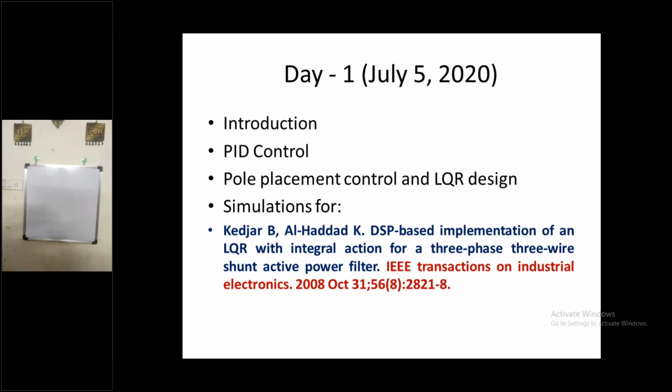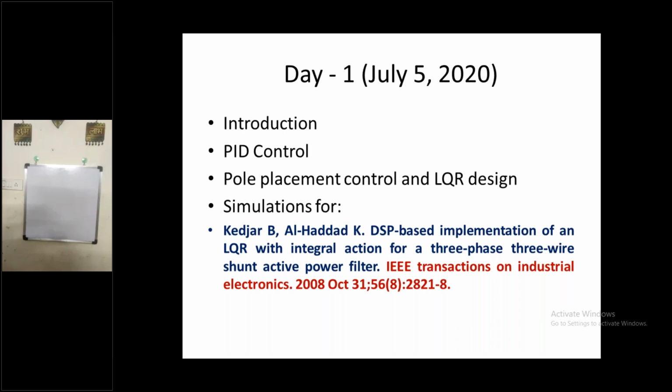On day one, I briefly repeated the PID controller, pole placement, and LQR controller, and we did the simulation of this particular plant, a DSP-based implementation of an LQR with integral action based shunt active filter (SAF). We saw that the LQR controller is not enough, so we went for tracking, because it is a tracking problem, not a regulator problem.